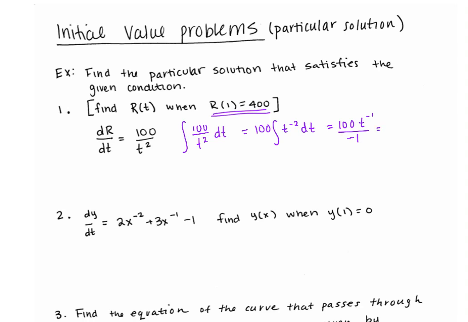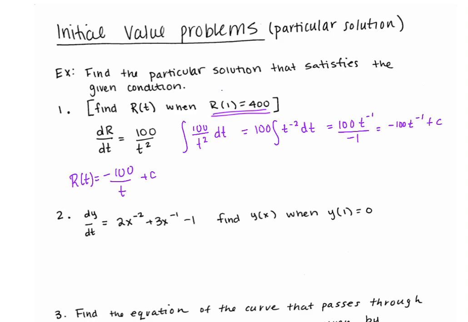So now I have negative 100 t to the negative 1 plus c. But I can rewrite that as negative 100 over t plus c, because I want to move that negative exponent to the bottom. So that's r of t, my new indefinite integral.